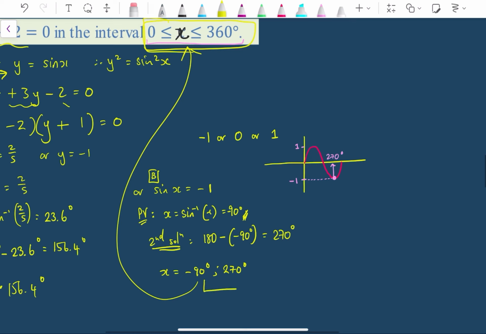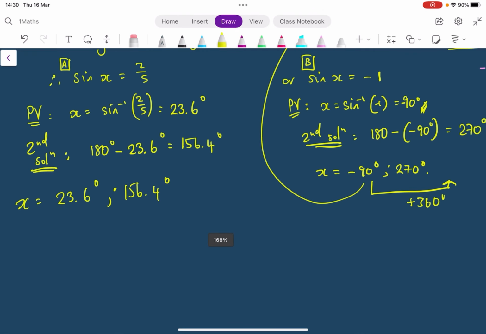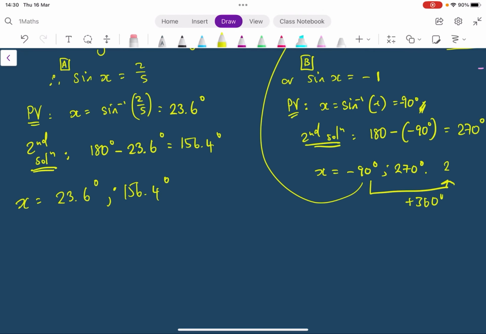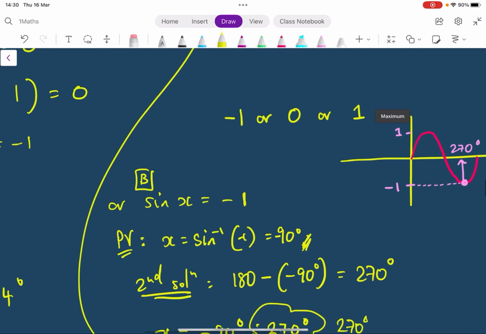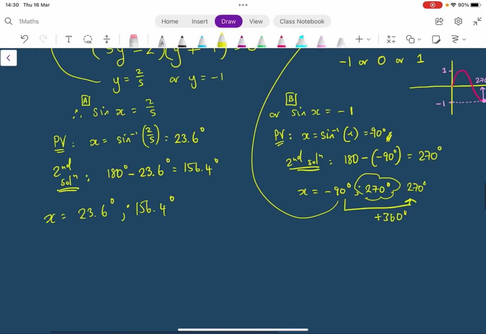So I add 360, but when I add 360, I will also get 270, which is exactly what I already had here, which is why I say if you have -1 or 0 or 1, it's much easier just to sketch the graph. It just saves you that bit of time.